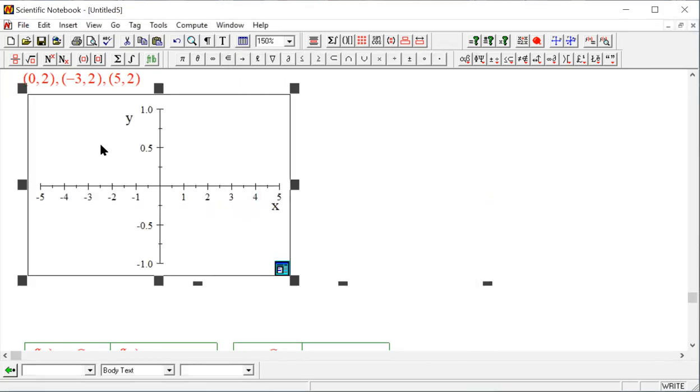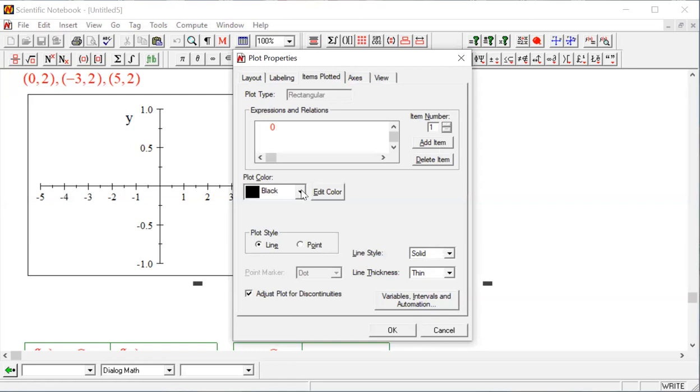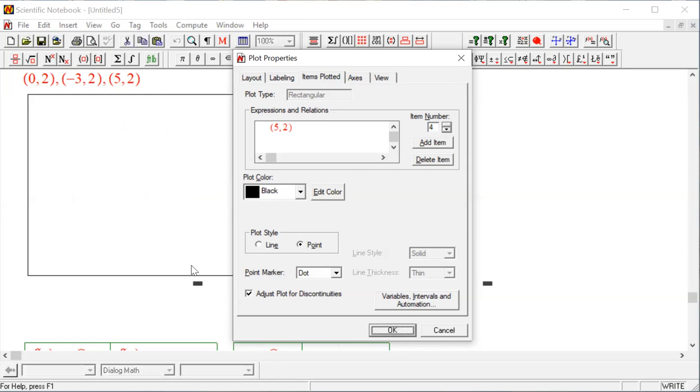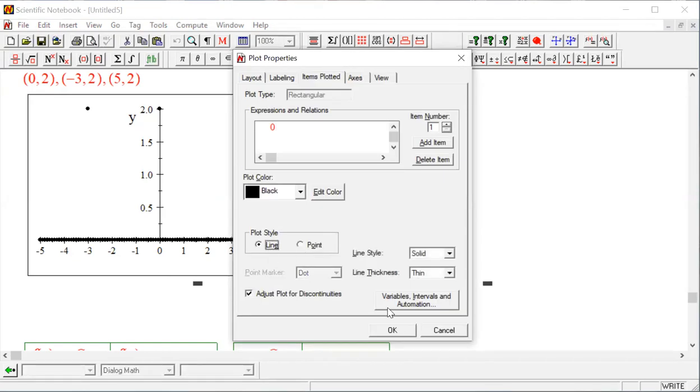And I would like you guys to take the notes and also plot the points along with me. So I'm going to plot these dots. I'm going to add in the points 0, 2, input -3, output 2, input 5, output 2. Oh, this is the line.